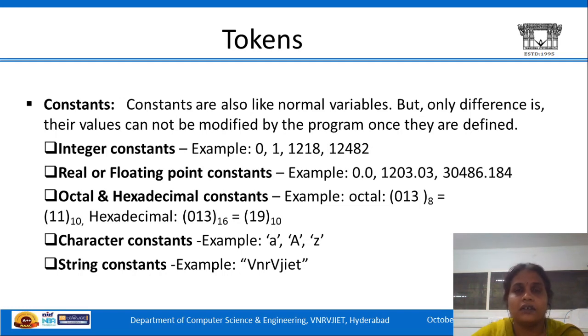Constant says that the variable should not be changed during the execution. It cannot allow modifications during the execution of a program. The value of the variable cannot be modified.